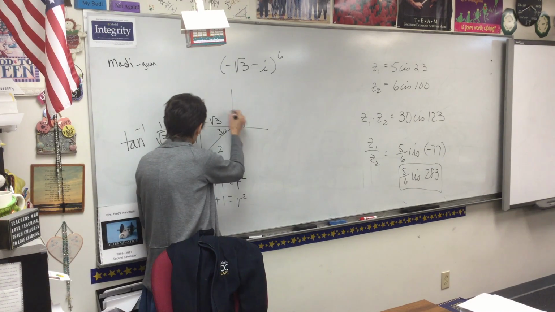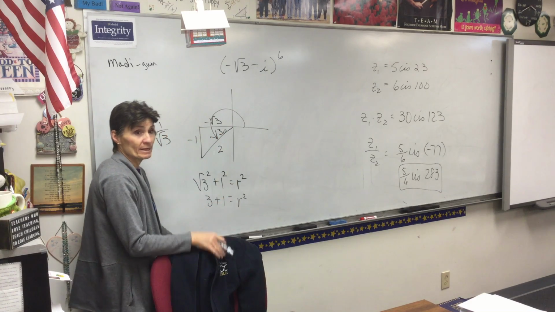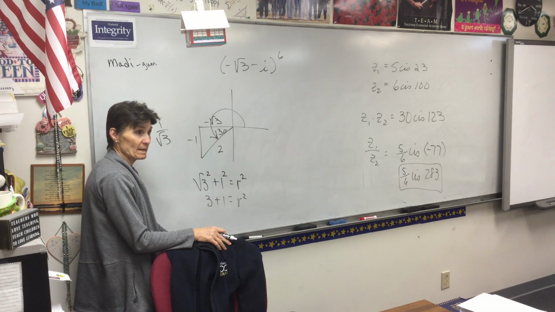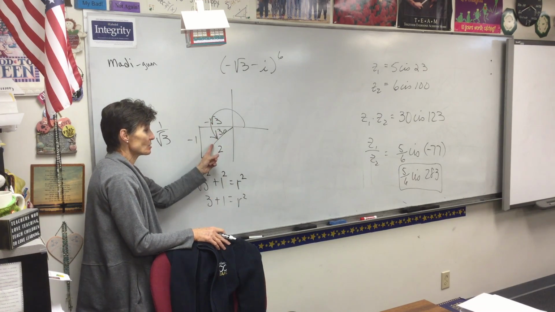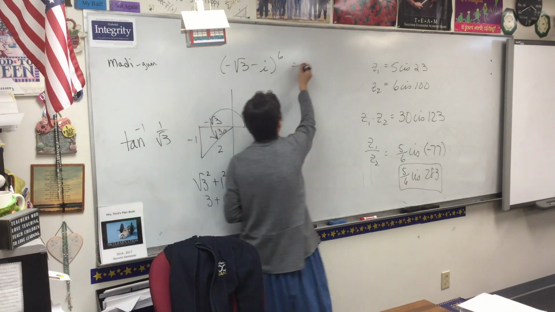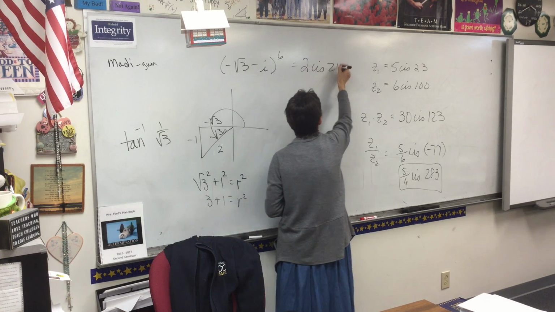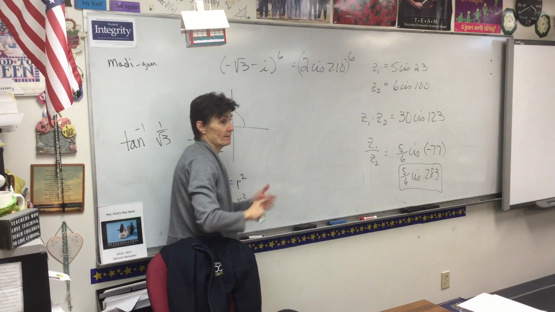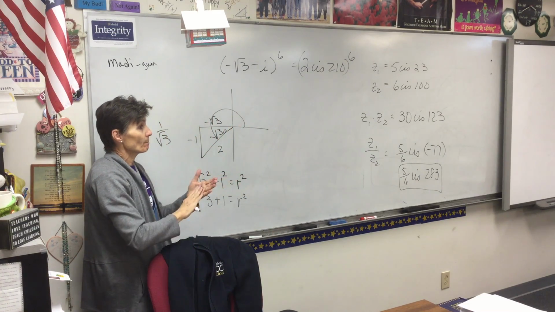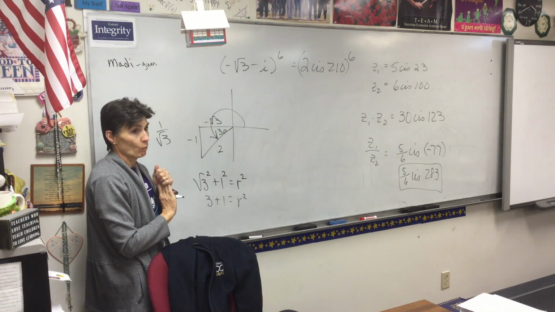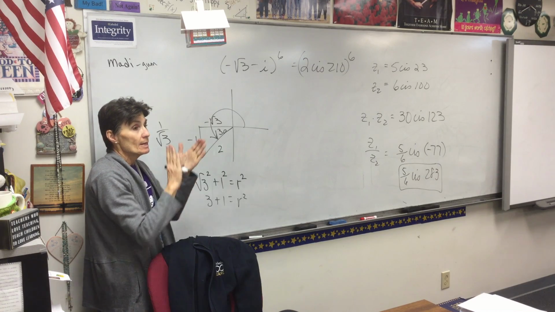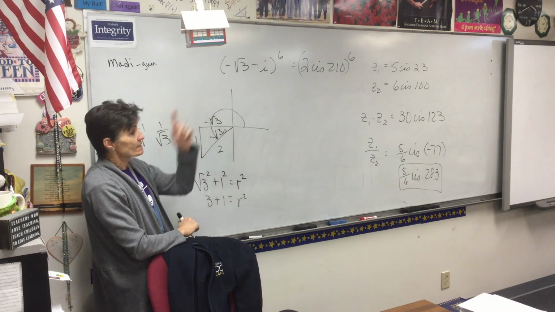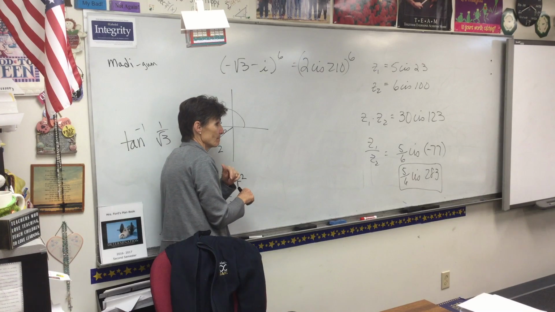So the actual theta will be 180 plus 30. So we have 2 cis 210. That's step 1, your number into cis form.